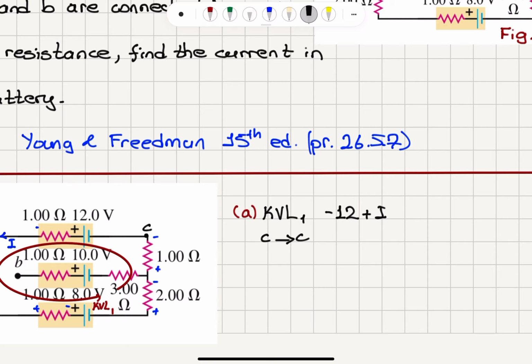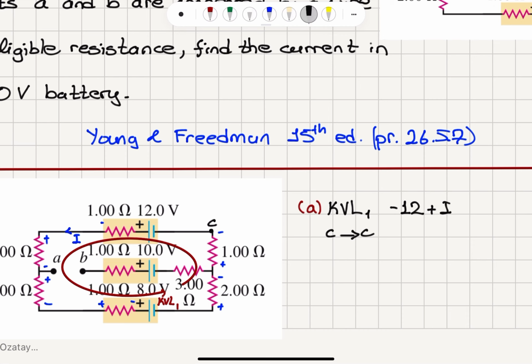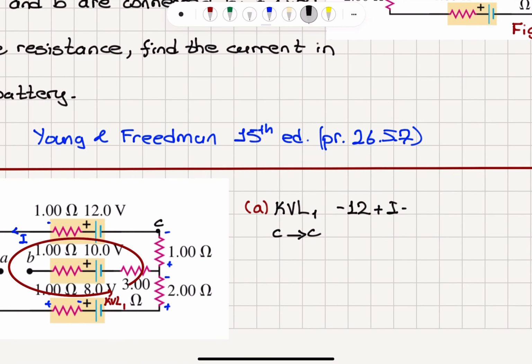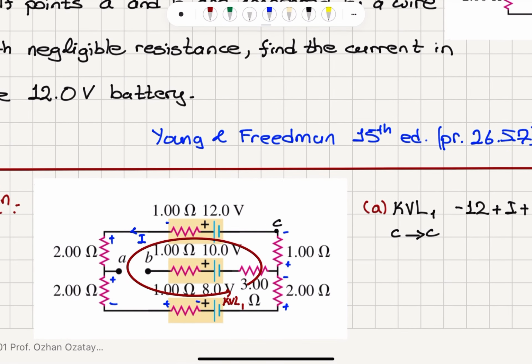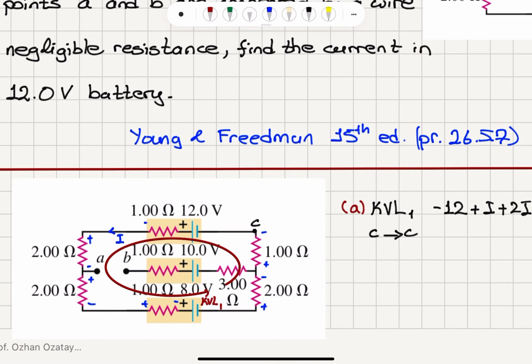Plus I. Then I see the same current I flows through the 2 ohm resistor, so again I encounter the plus, so it's 2I. I plus 2I. The same story for this resistor. Once again, I encounter a positive here, so another 2I. Now I see this resistor.